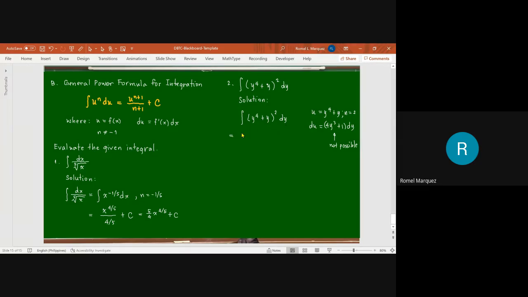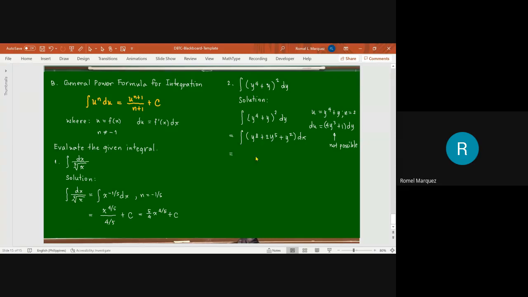Am I right? Then plus y squared, dy. So from here, we can apply term by term integration. You can do it by inspection, u to the n or y to the n dy. So this is supposed to be dy. I love x. That's why I always write x.